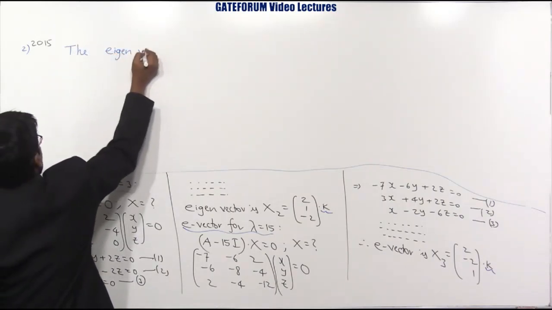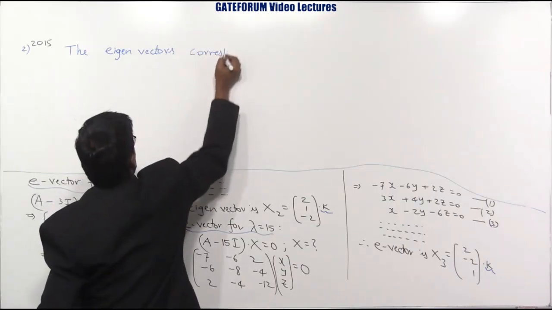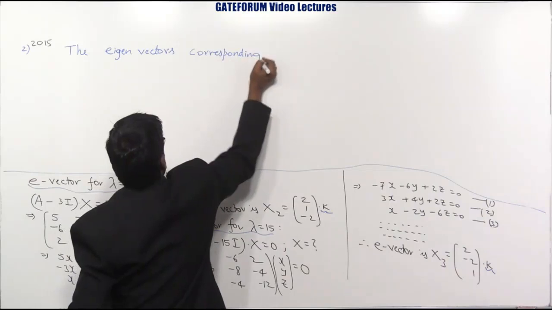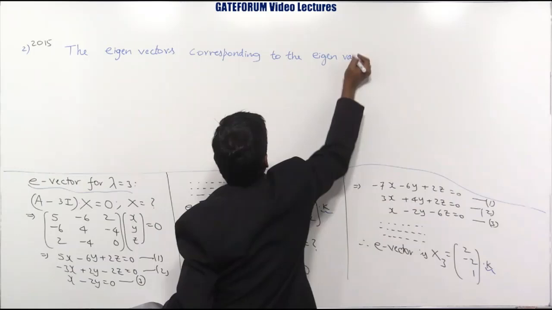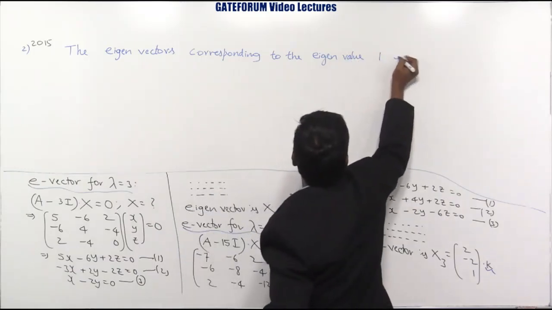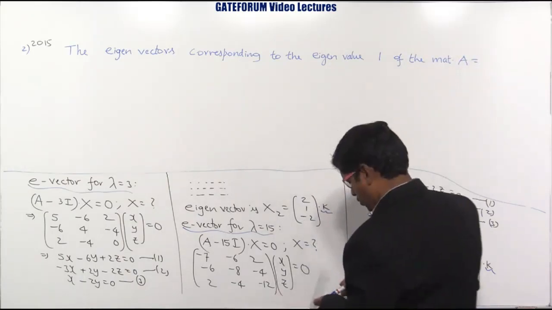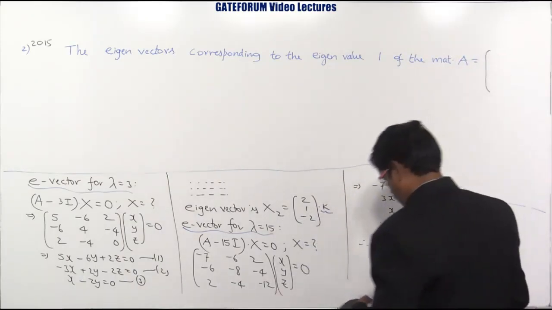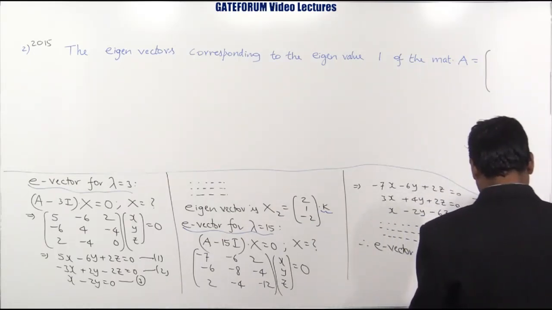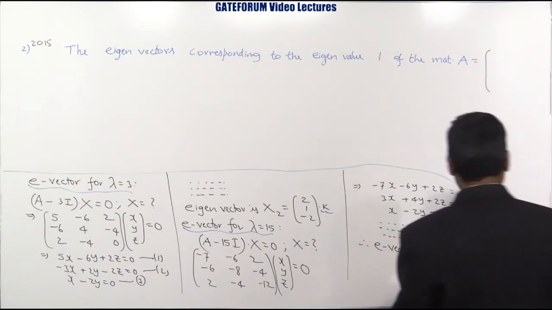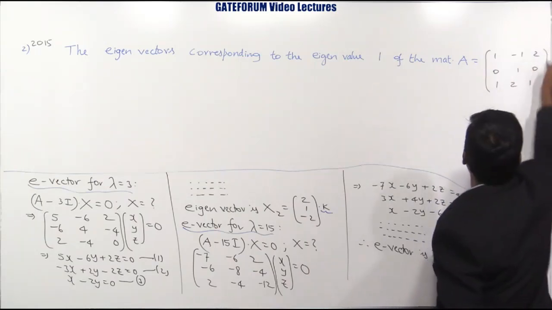The eigenvectors corresponding to the eigenvalue 1 of the matrix A, which is 1 minus 1 2, 0 1 0, 1 2 1.